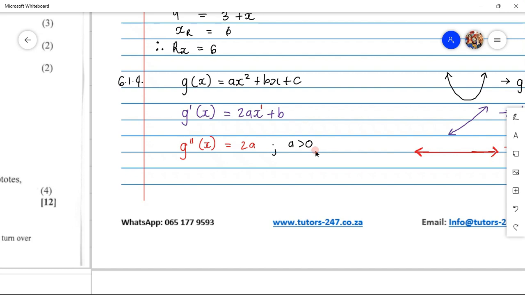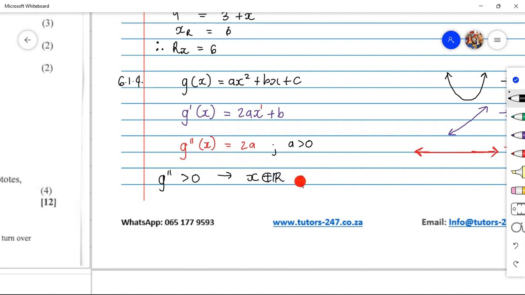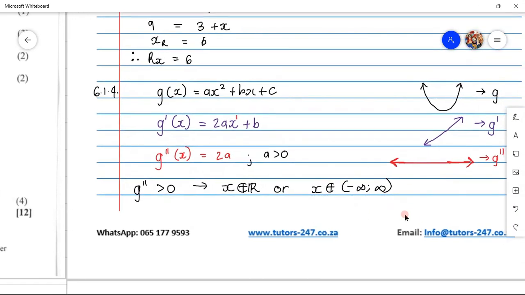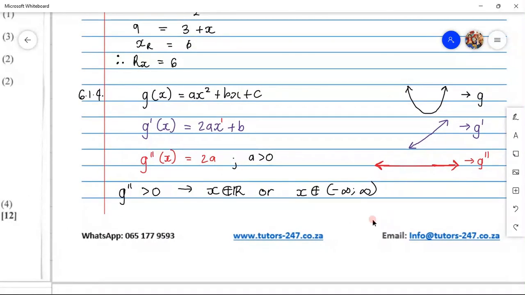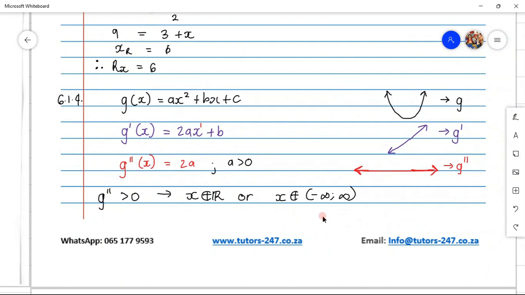So because it's always going to be positive, we can conclude that the x values for which g second derivative is greater than 0 will be x an element of real numbers. Or we can say x an element from negative infinity to positive infinity. So g second derivative is always going to be positive for any value of x, because a is always going to be positive.